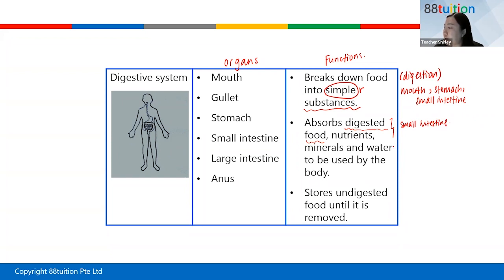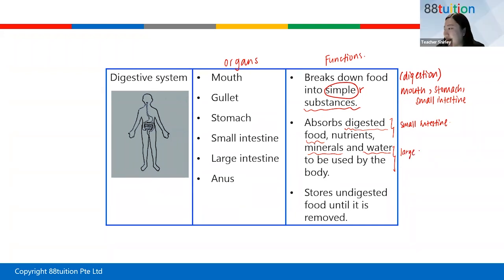Now why do I separate it into two? Because the absorption of minerals and water happens somewhere else. Ashley, do you know where it is? The stomach. Absorption of water and minerals happens in the, I'll give you a clue, starts with L. Large intestine. Very good.